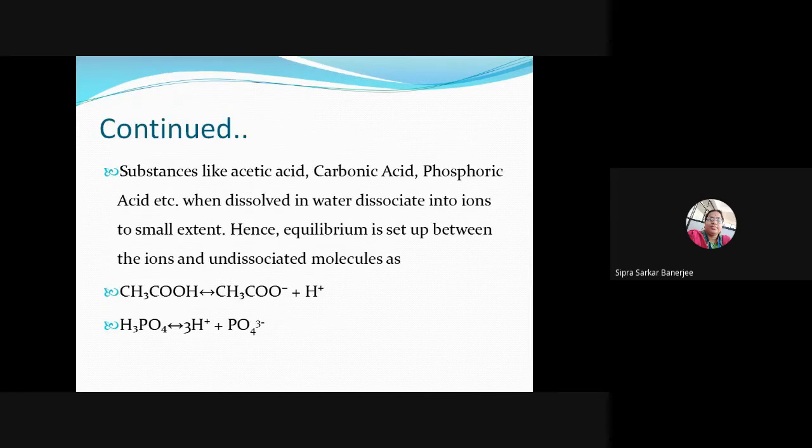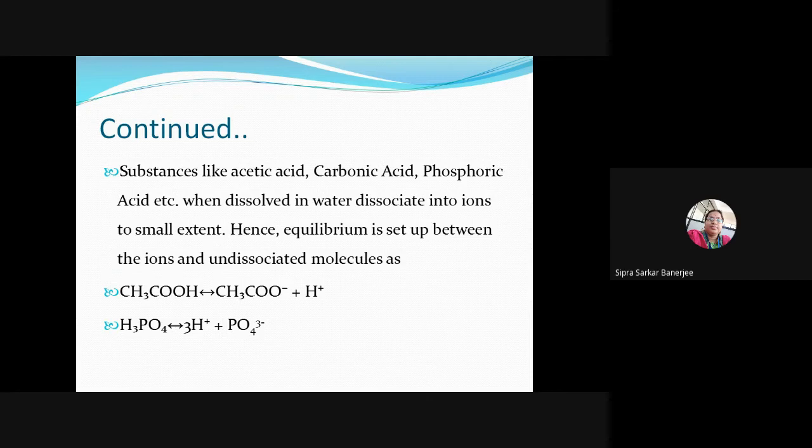Now, substances like acetic acid, carbonic acid, phosphoric acid, etc., when dissolved in water, dissociate into ions only to a small extent, and hence an equilibrium is set up between the ions and undissociated molecules. Like acetic acid, CH3COOH, is dissociated only partly into CH3COO- and H+ ions; that's why a double arrow is given.